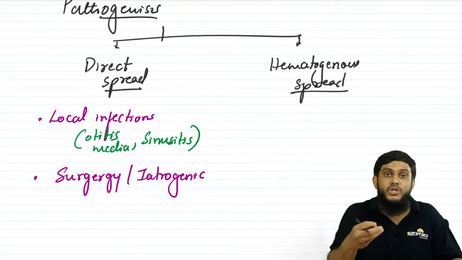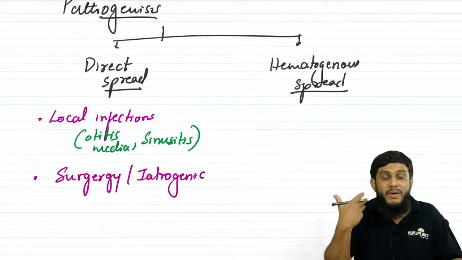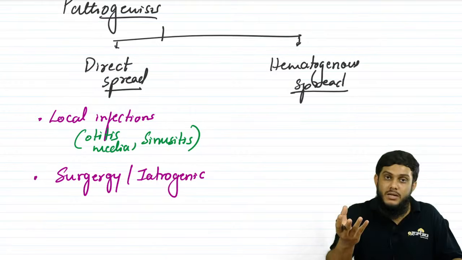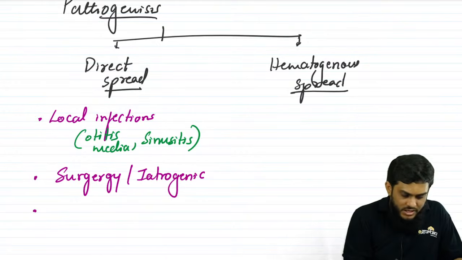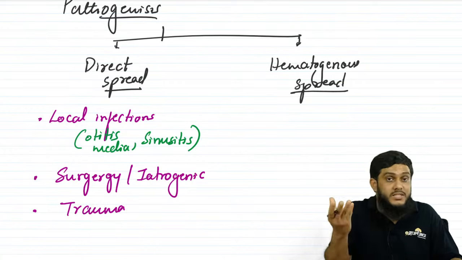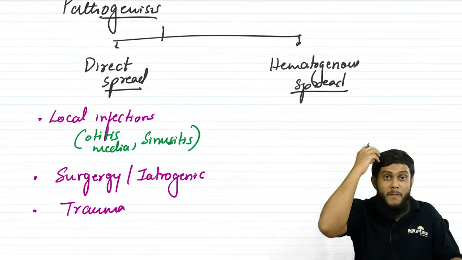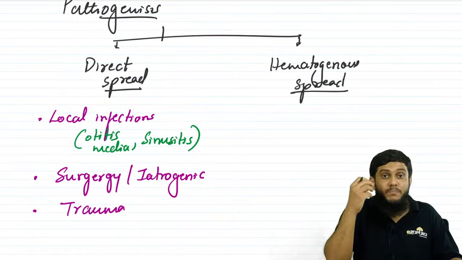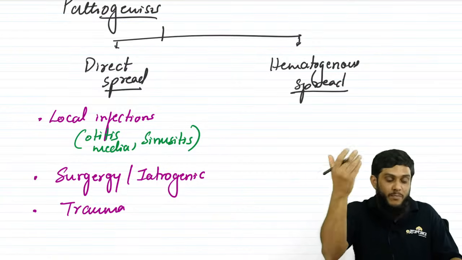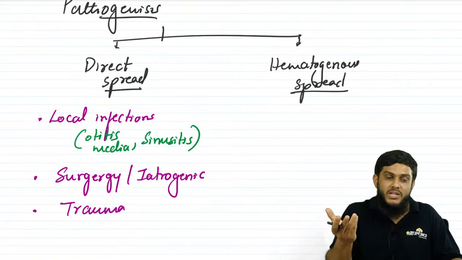Iatrogenic during the surgery. They may enter into the brain if the instruments are not properly sterilized. The next important thing is any trauma due to road traffic accident or anything. So when the skull is damaged and the cranial cavity is opened to the outside, the organism may enter into the brain and then they can cause meningitis.